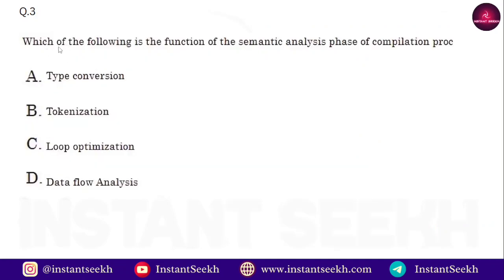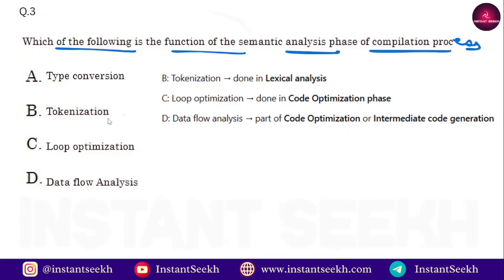Which of the following is the function of the semantic analysis phase of the compilation process? Let's see. First, tokenization is done in lexical analysis. Next, loop optimization is done in the code optimization phase.